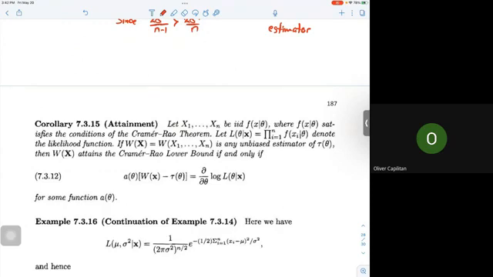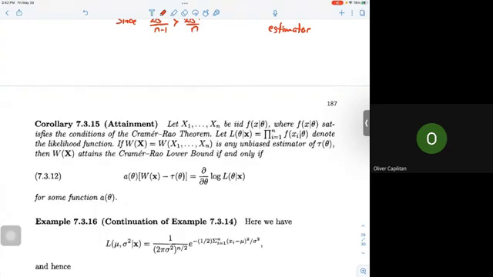We let L, which is the likelihood function L of theta given our sample x, equal to the product of the densities f of x sub i given theta, i from 1 up to n, denote the likelihood function.